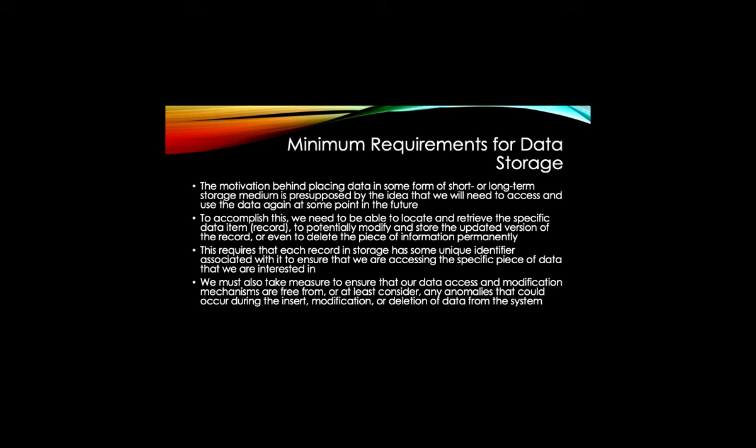We have to do that to ensure that we're accessing the exact specific piece of data we're interested in. And we must also take measure to ensure that our data access and modification mechanisms are free from, or at least consider, any type of anomaly that can occur during updates.